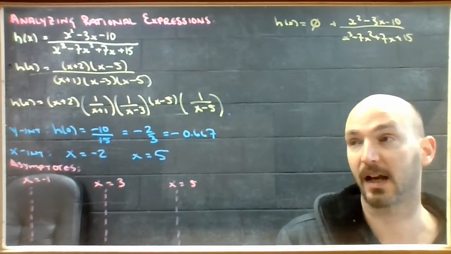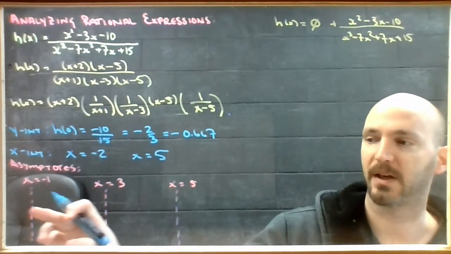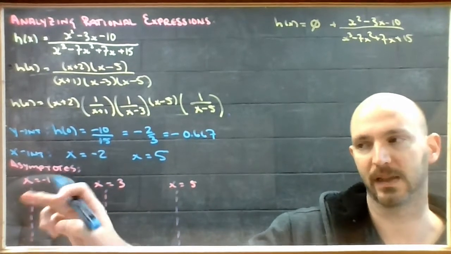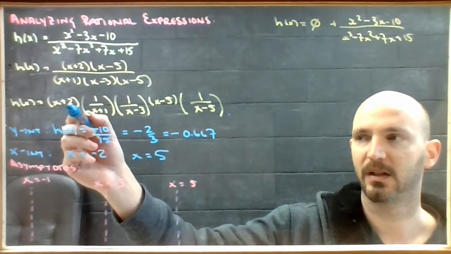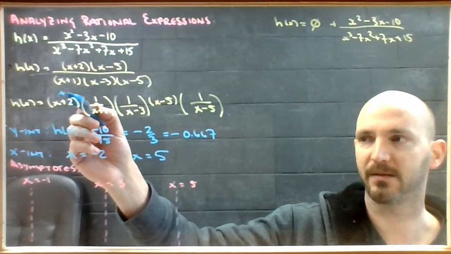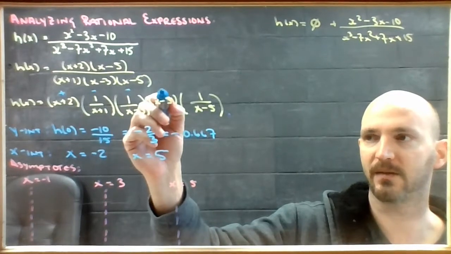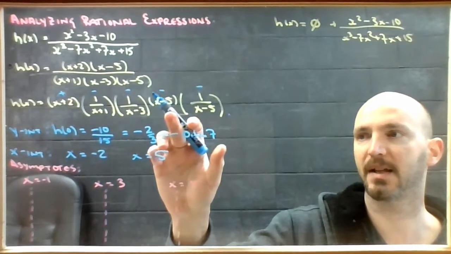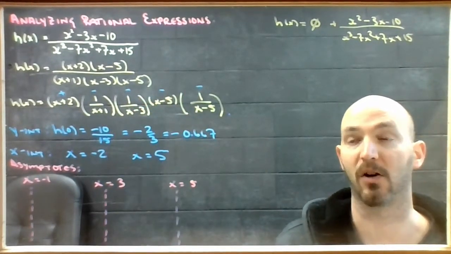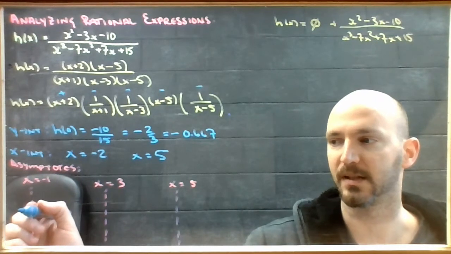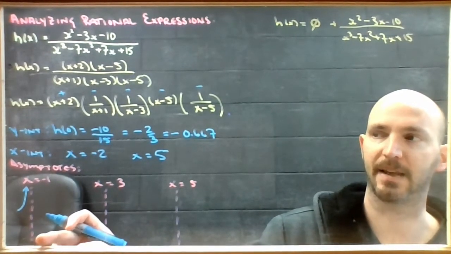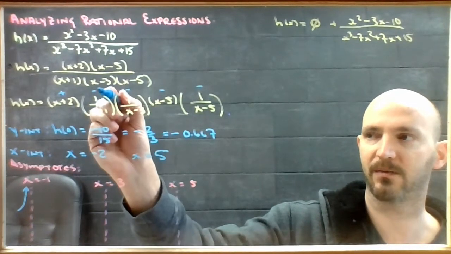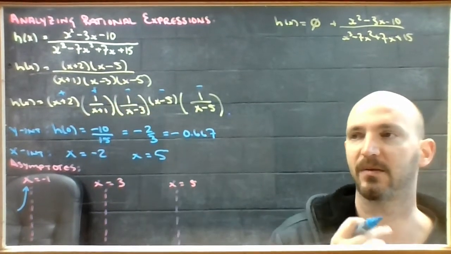So checking the sides of them, if I pick negative 1.5 for the left side of this, negative 1.5 plus 2, well, that will be positive, but all the rest of these will be negative. And negative times a negative times a negative times a negative, they're all balanced, so this is a positive kind of asymptote. On this side, at negative 0.5, this one flips, the rest do not.